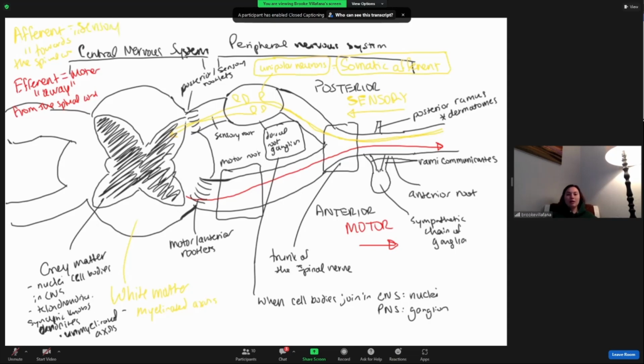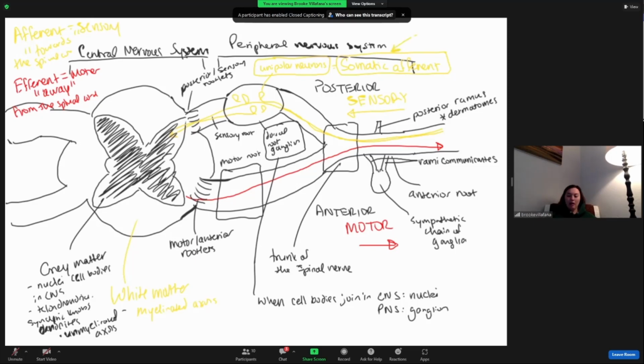So on your test, if it asks you where are the afferent cell bodies, you would say dorsal root ganglion, right? Those are somatic afferent. That means they are sensory somatic. They're coming from the body, from what you're aware of, right?